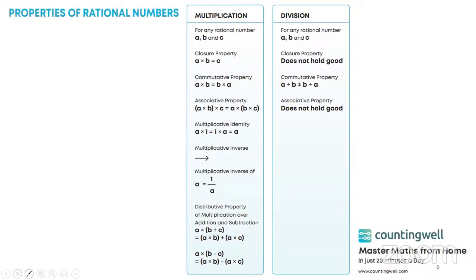So a divided by b is not equal to b divided by a. Associative property also does not hold good for division of rational numbers. You can find examples which prove these properties are not holding good.